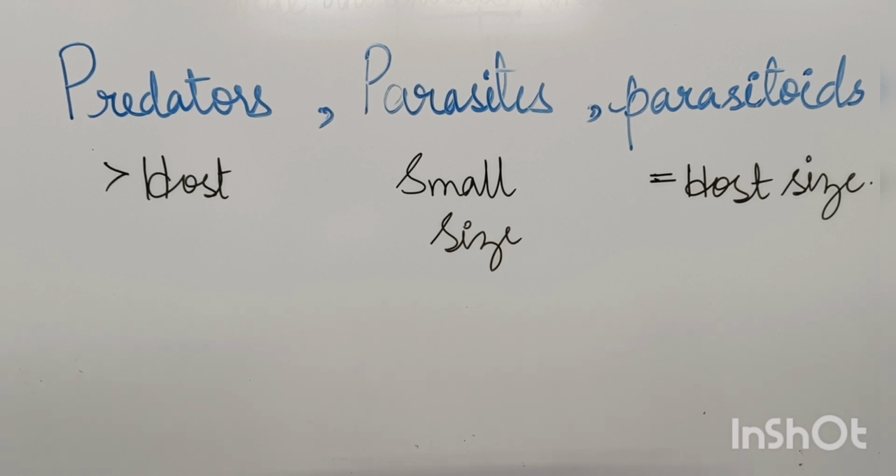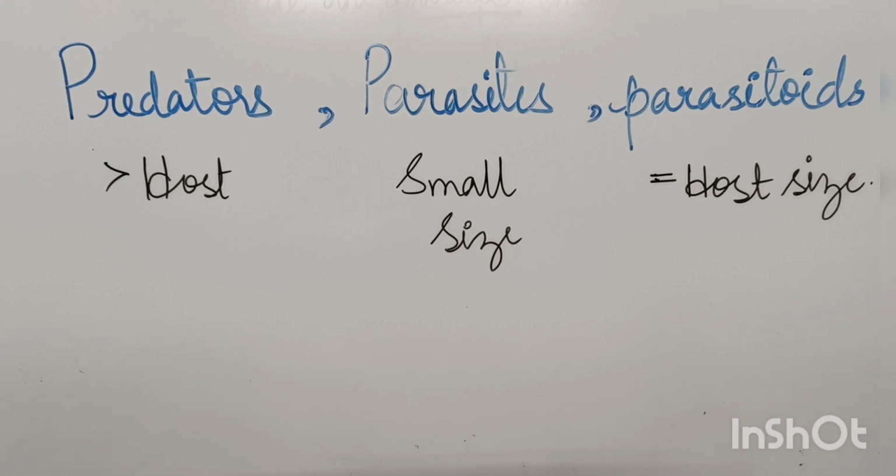And most of the parasitoids belong to the order Hymenoptera. In Hymenoptera, for example, sawfly, bees, and wasps come under the order Hymenoptera. And next is egg parasitoids. For example, Trichogramma species, which are used against Lepidopteran insects.